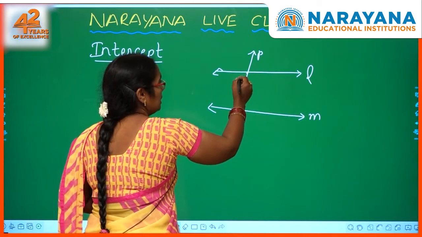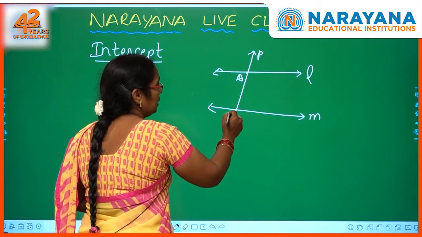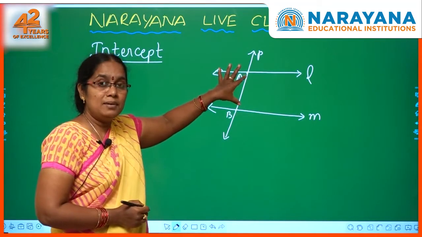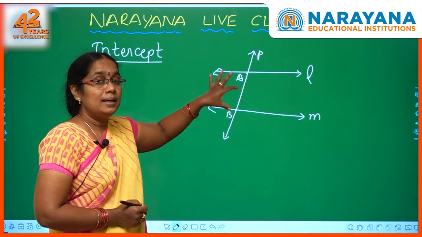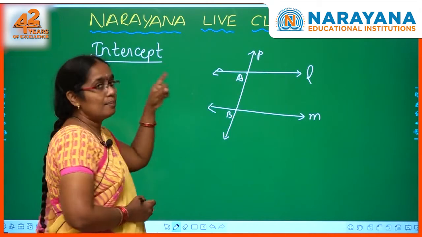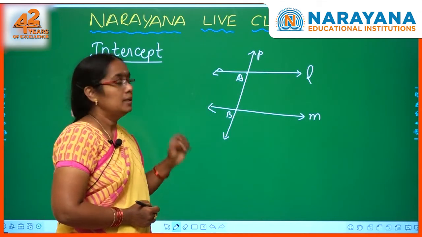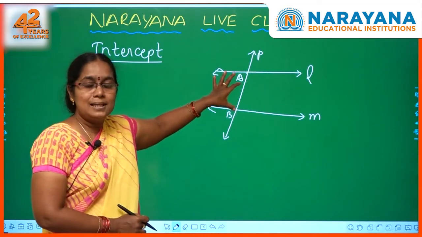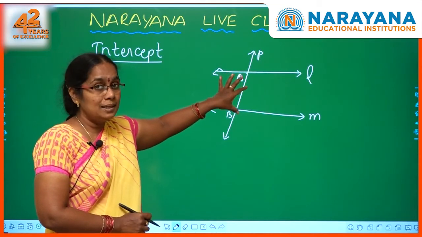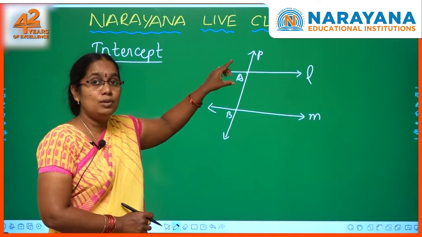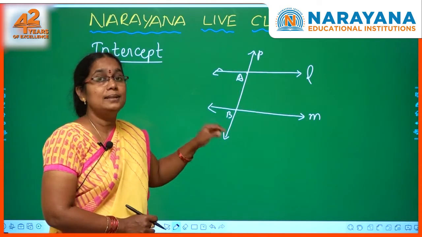So what are the points here? Suppose A and this is B. Now the distance between A and B, that is nothing but intercept. So if a transversal intersects two lines at distinct points, the distance between those 2 points is called intercept.